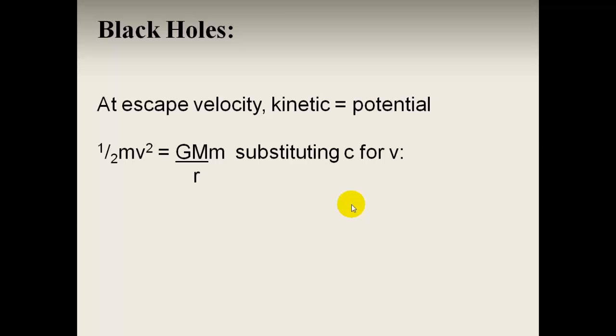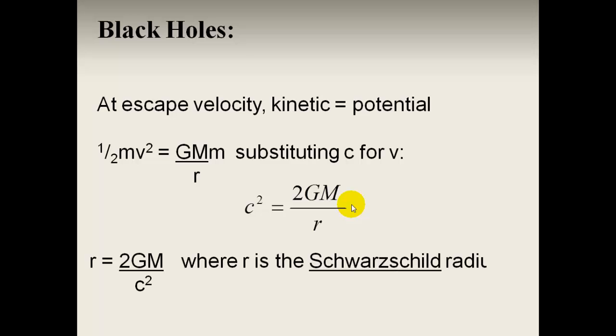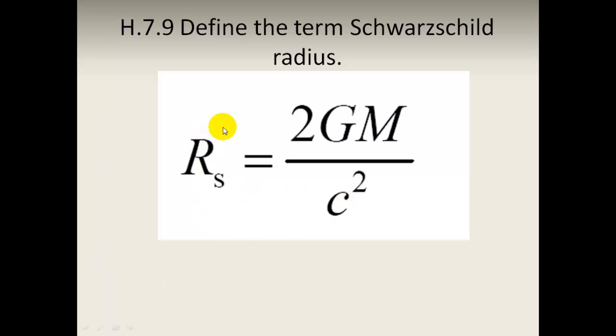You know that the kinetic energy and the potential energy changes are going to be equal. So we substitute c for v, we swap round, and we get a value for r. r is called the Schwarzschild radius. And here we have it: Rs, the Schwarzschild radius, is equal to 2GM over c squared.